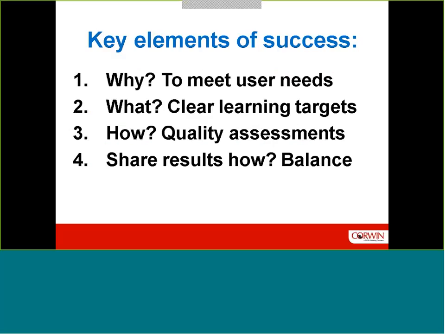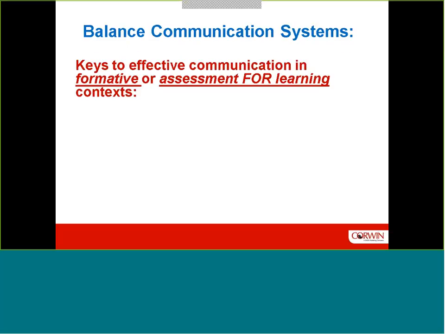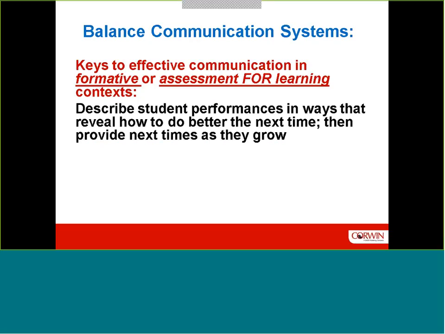It turns out that sharing results effectively varies with context. So, for example, the keys to effective communication of assessment results, either in the formative column or the assessment for learning column, is that we deliver feedback to students in terms that describe their performance in ways that reveal to students how to do better the next time.